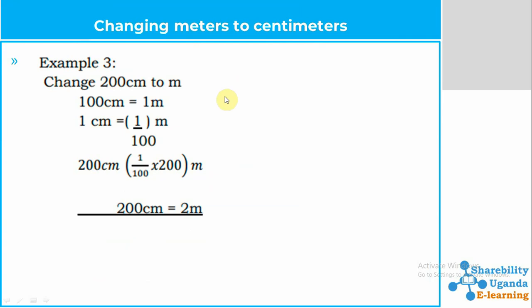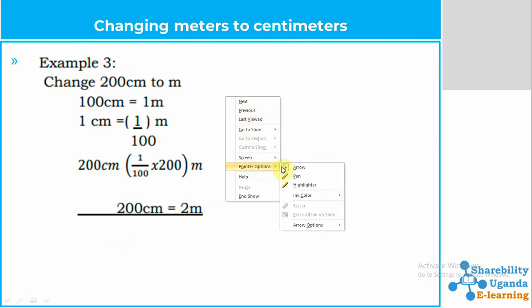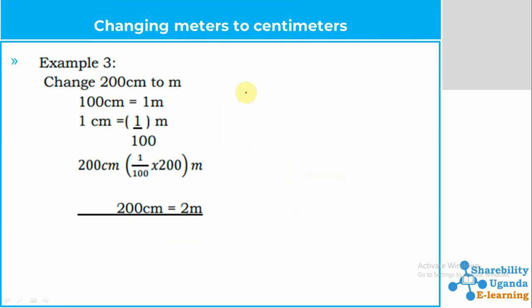So to elaborate it more, let me get a pen here. When we have our 200 centimeters to meters, we know that 100 centimeters is equal to 1 meter.